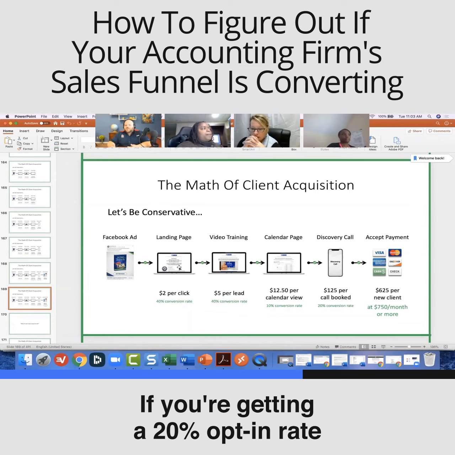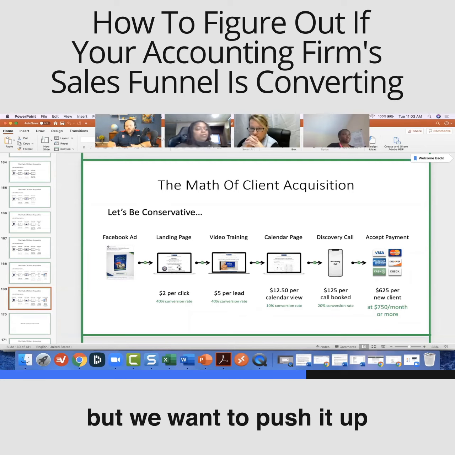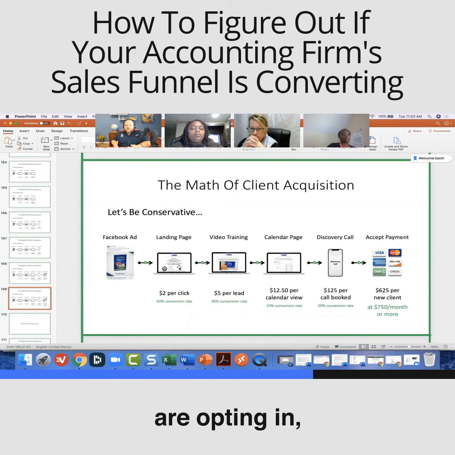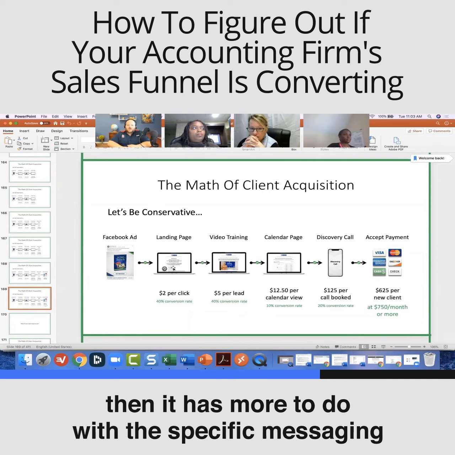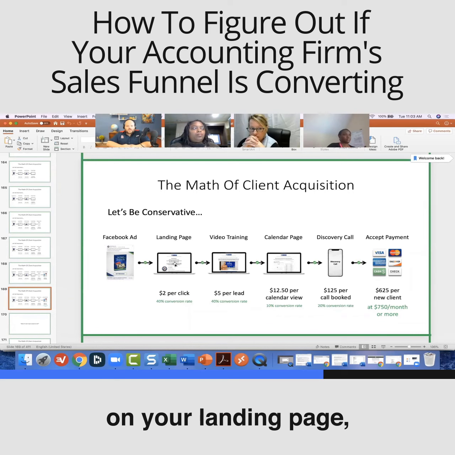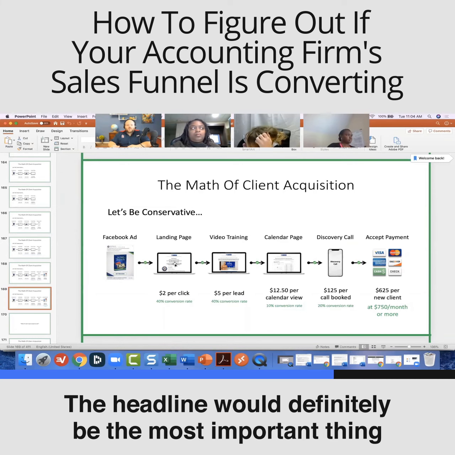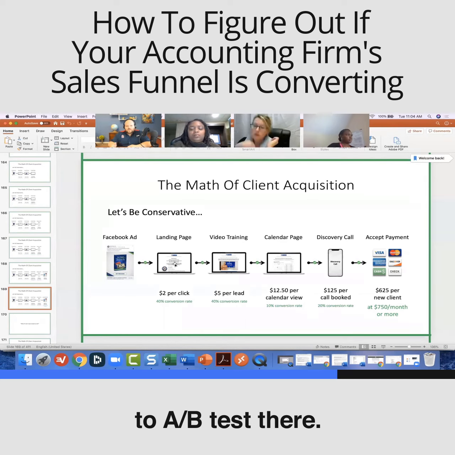If you're getting a 20% opt-in rate, but we want to push it up to where 30 to 40 to 50% of people are opting in, then it has more to do with the specific messaging on your landing page, the way that you are communicating your big idea. The headline would definitely be the most important thing to A/B test there.